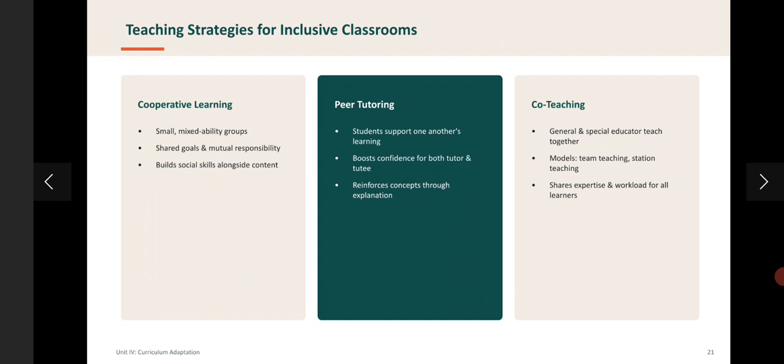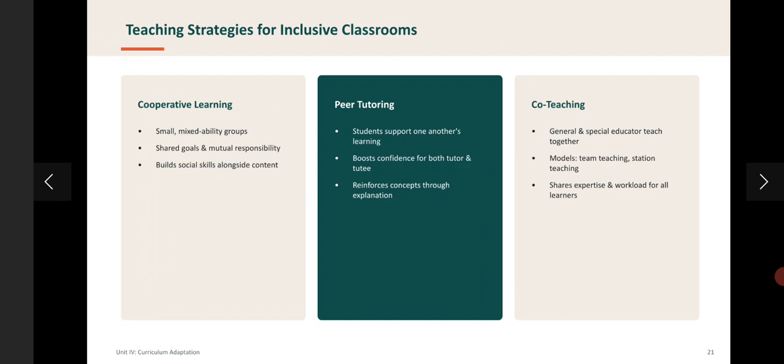Okay. So, co-teaching. What is co-teaching? Co-teaching often occurs in an inclusion classroom. In a co-taught class, the general education and special education teacher work together to plan the lesson, teach, monitor student progress and manage it. How it works?